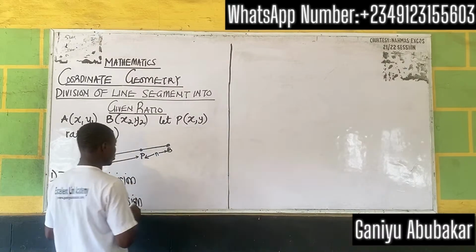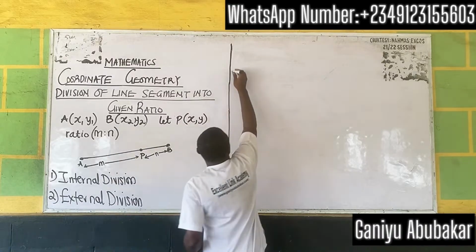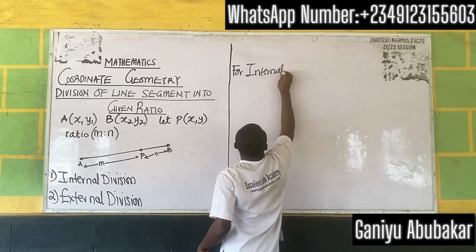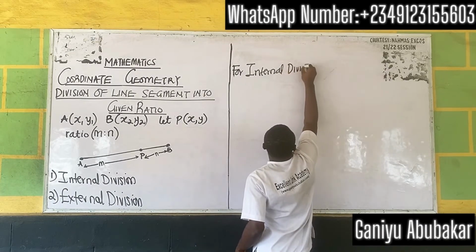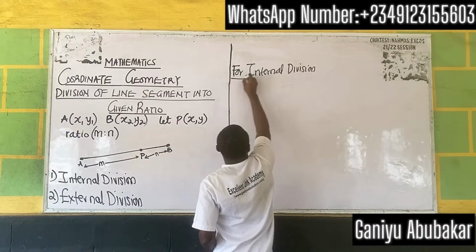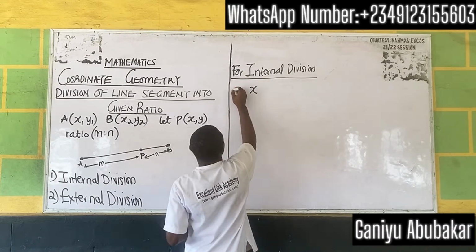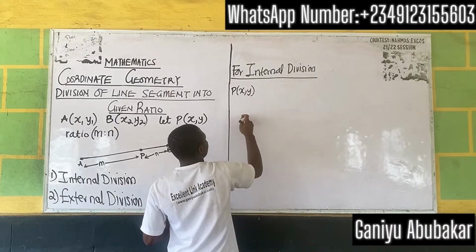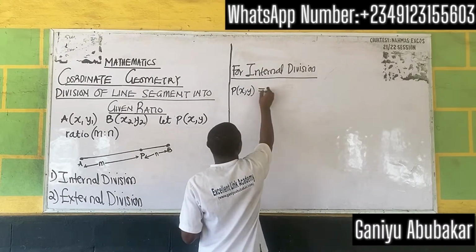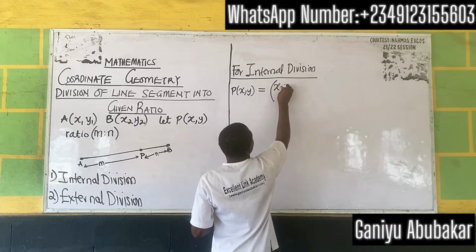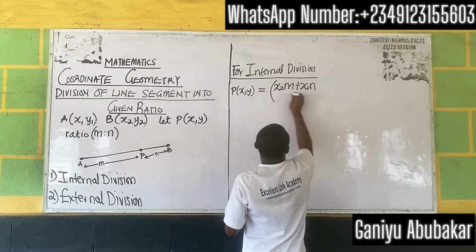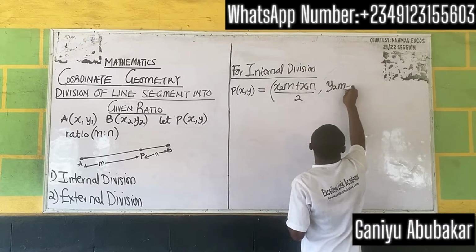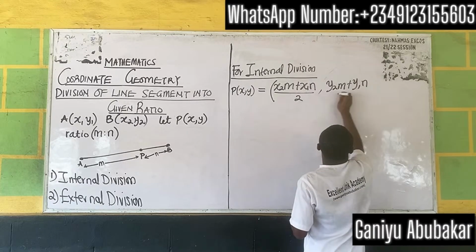So for internal division, the formula is given by P(x, y), which is the point to which the division will be taking place, equal to ((x2m + x1n) over (m+n), (y2m + y1n) over (m+n)).